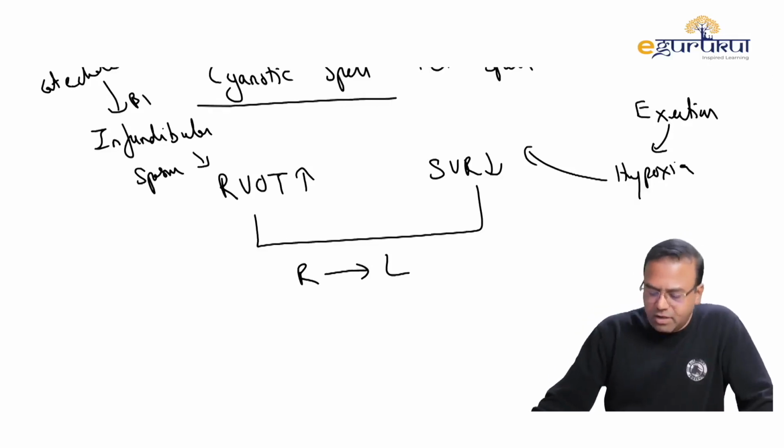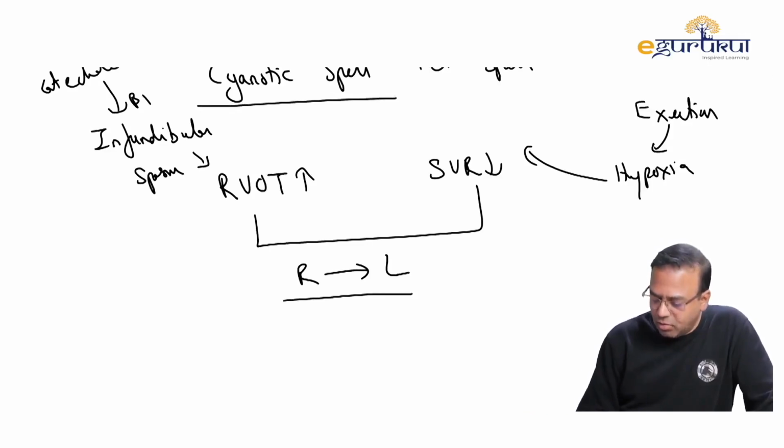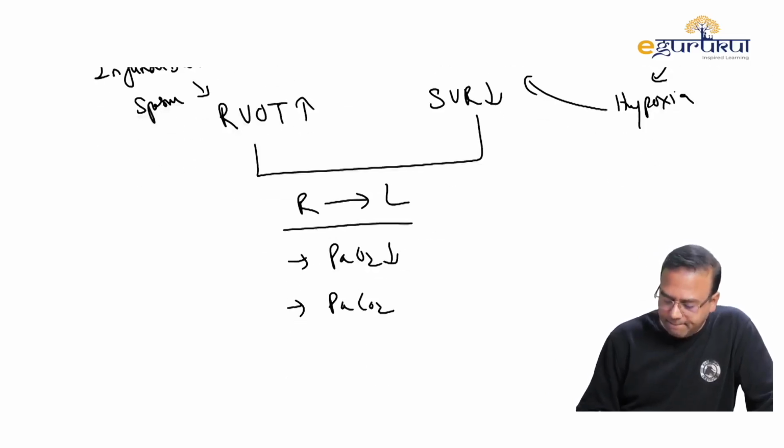These two main mechanisms are responsible for triggering the right to left shunt, and the more right to left shunt occurs, the more the PaO2 will drop, the more carbon dioxide will build up in the body because of shunting of blood, and more acidosis is going to occur.